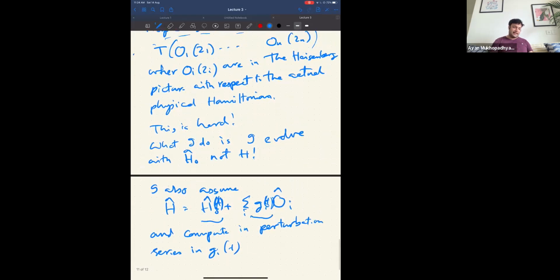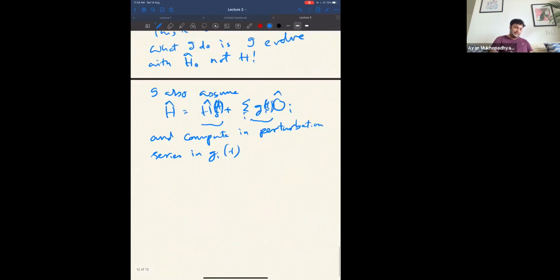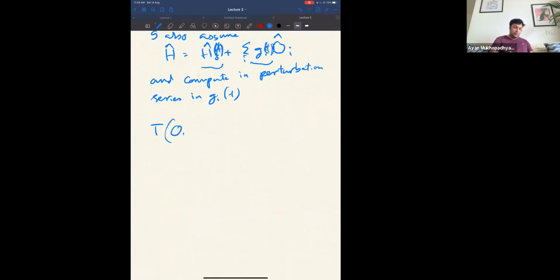So what I want to do basically, all of these, O1 is in the H Hamiltonian, ON is again in the same H. I want to rewrite them in terms of the Hamiltonian H naught.